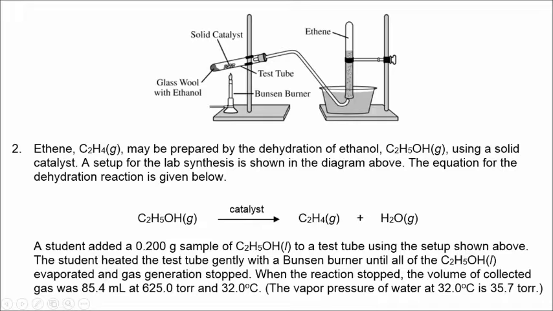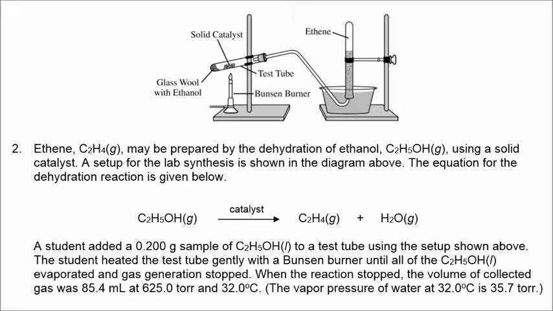In number 2, we are starting with a compound called ethanol, C2H5OH, and as that compound is being heated in the presence of a solid catalyst, we're producing 2 gases, ethene, C2H4, and water vapor.